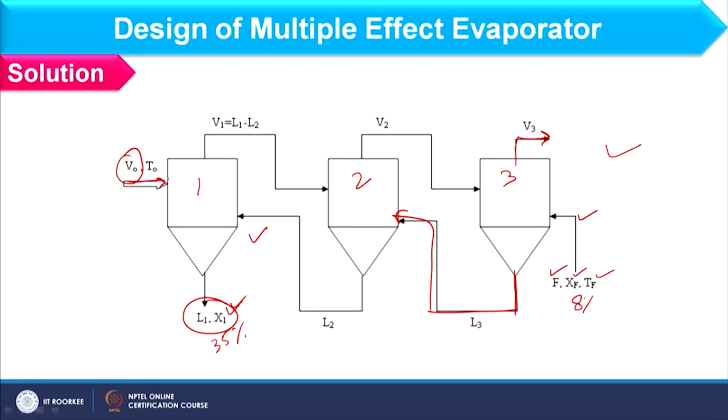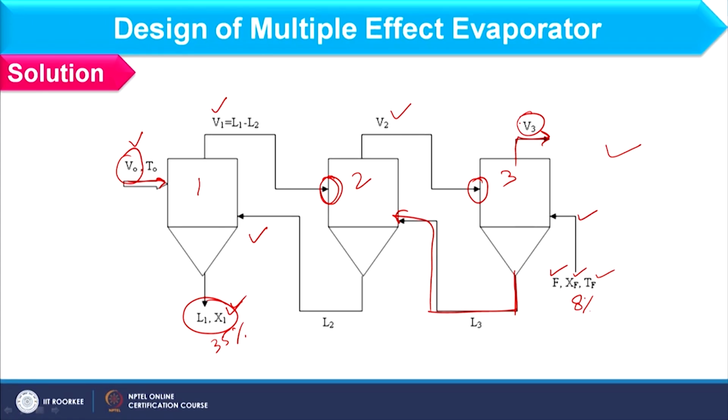Vapor as well as steam movement will always be in the forward direction. So, steam V naught enters the first effect, V1 is generated, which is used as a heating media in the second effect, V2 is generated which is used as a heating media in the third effect, and so V3 will be generated. I hope the sequence is clear to you. So, let us focus on the solution of it.